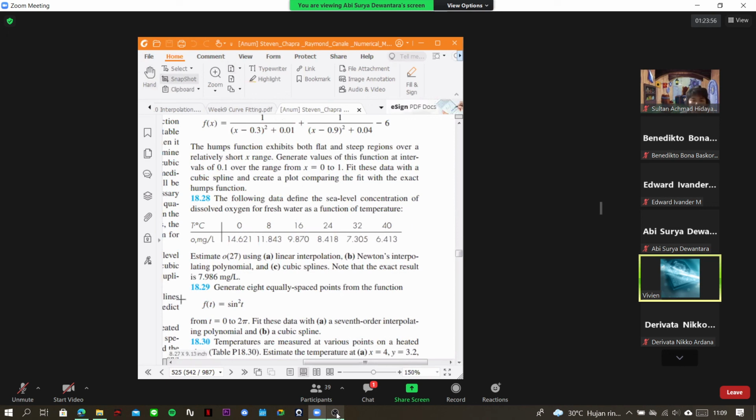So you can compare your result between the Newton divided difference and the Lagrange interpolation, which one is closer to that value, with the same order of accuracy. Okay, so that will be the task for you for the rest of the class.